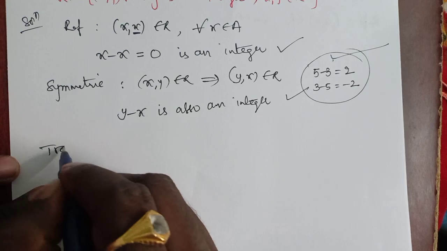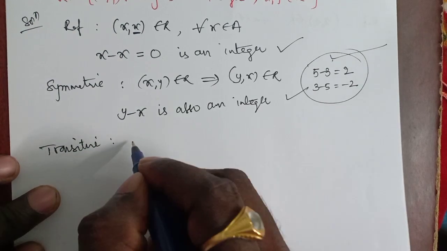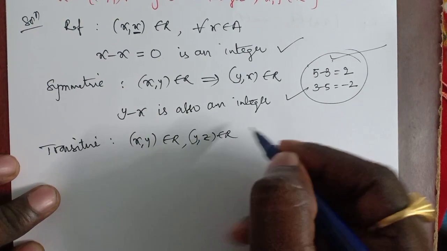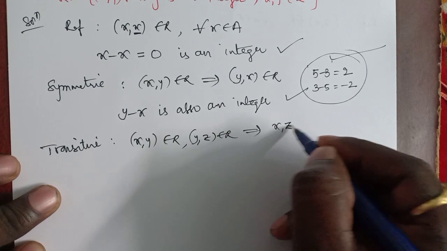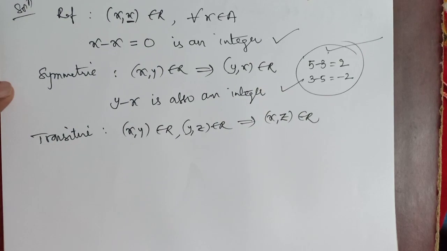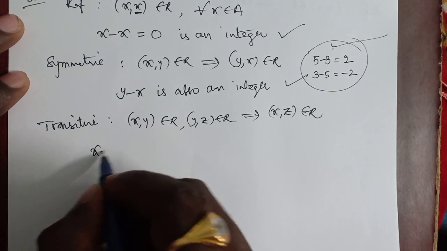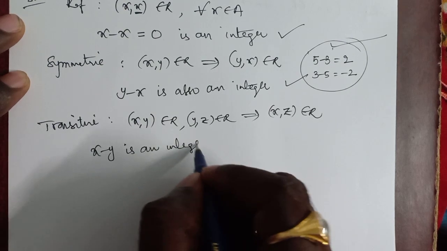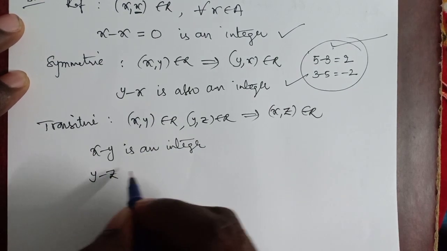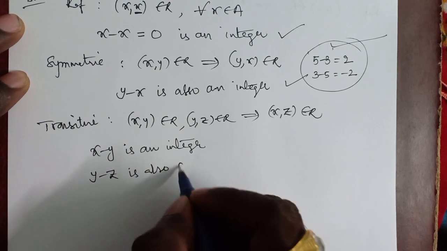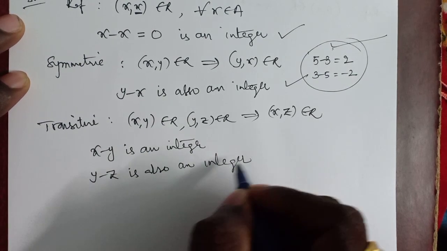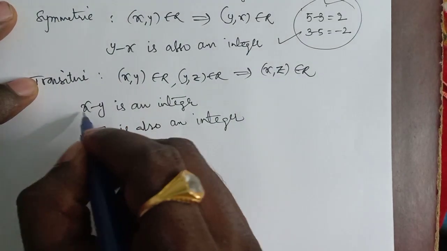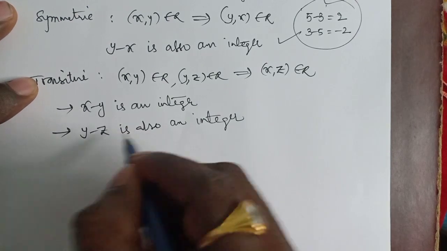Now coming to the transitive. If (x, y) belongs to R and (y, z) belongs to R, then (x, z) belongs to R. Now see, clearly he has given x minus y is an integer. Suppose y minus z is also an integer.